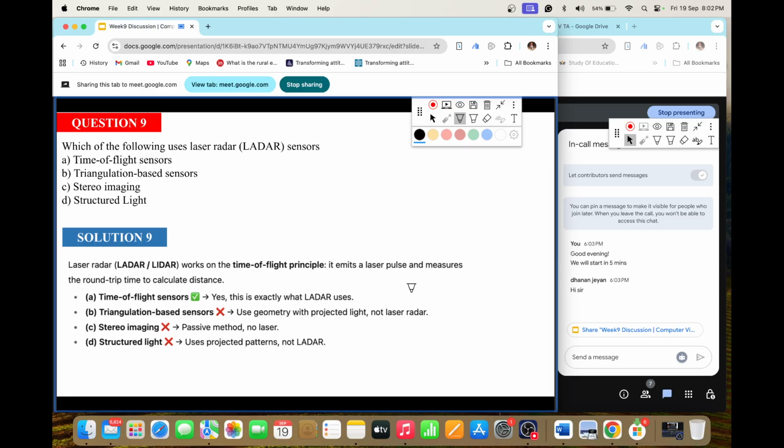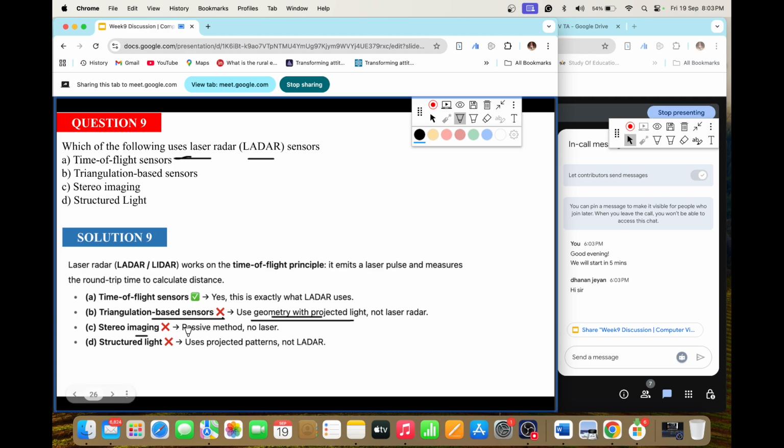Lidar is light detection and ranging, laser detection and ranging. So time of flight only will use lidar. Other methods like triangulation do not usually use this. Triangulation based sensor uses geometry with projected light, not laser radar.